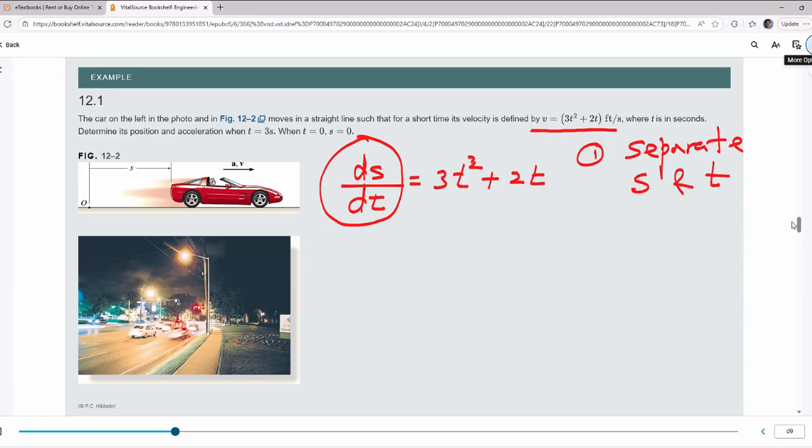How? We simply multiply both sides by dt. In other words, we solve for ds.